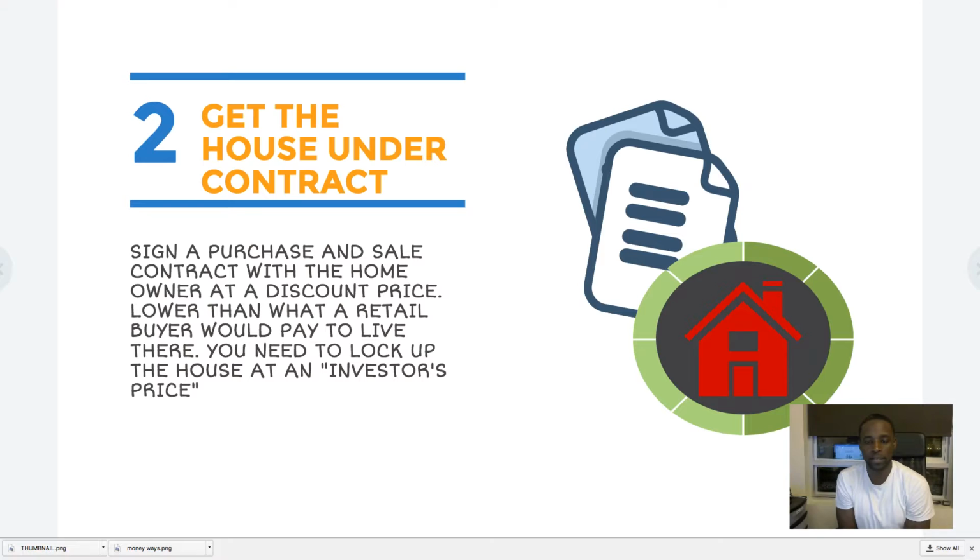As a real estate investor, you're coming into the transaction and letting the seller know that you're looking to buy this house as an investment. I'm going to talk to you about how to get the discount price.